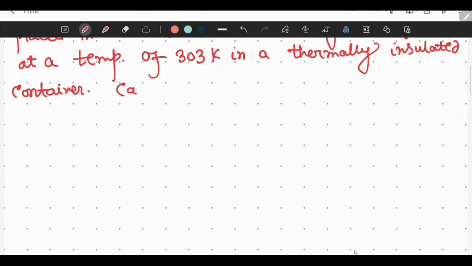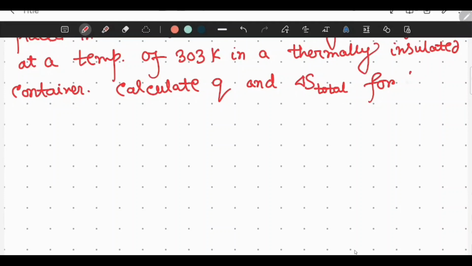Calculate Q, which means the heat, and del S total for the reversible process.